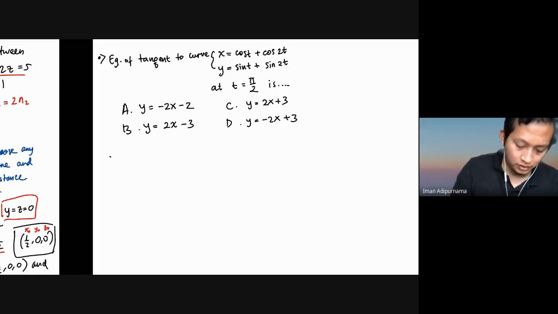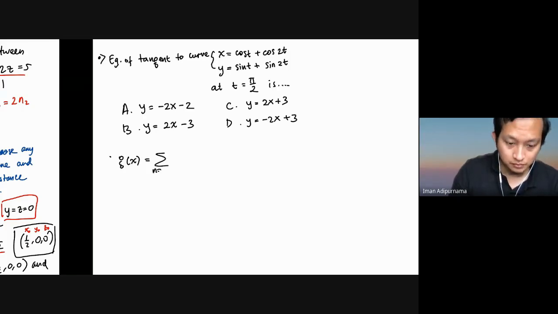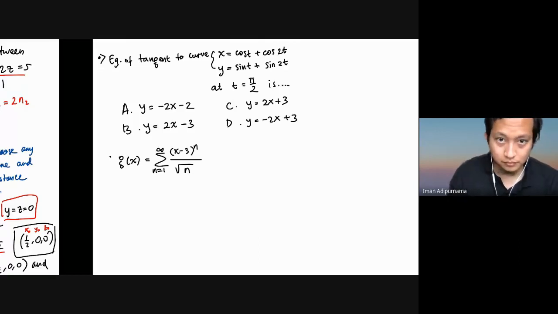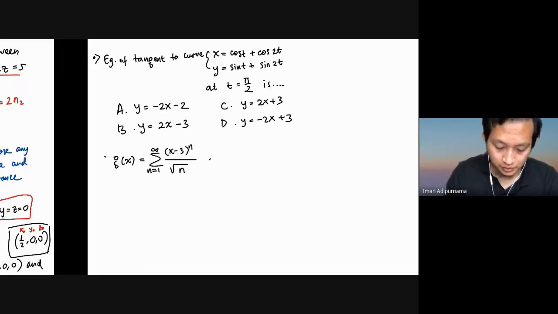Number two, we have a function g, and the series should converge.